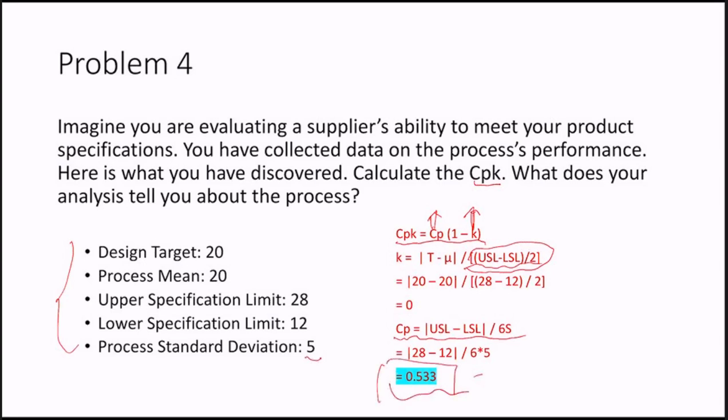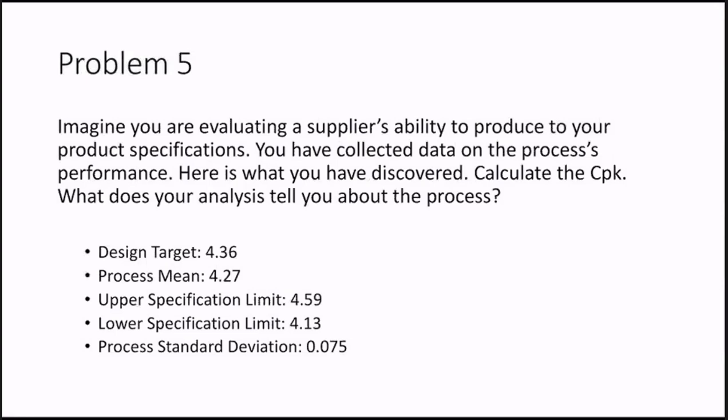And because CPK equals CP times 1 minus K, it equals 0.533 times 1 minus 0. It equals 0.533. So this is the number for the CPK for problem 4. For problem 5, it is very similar to problem 4.